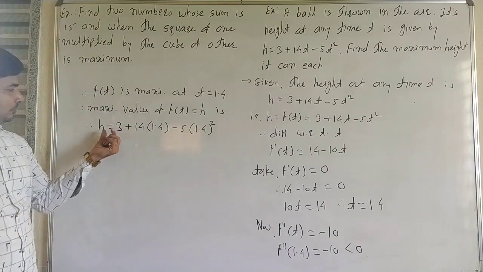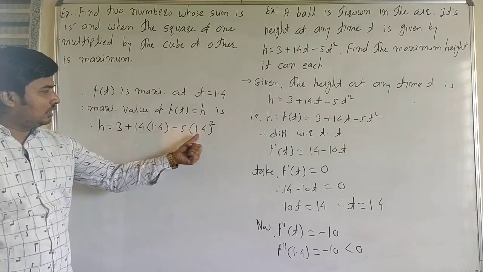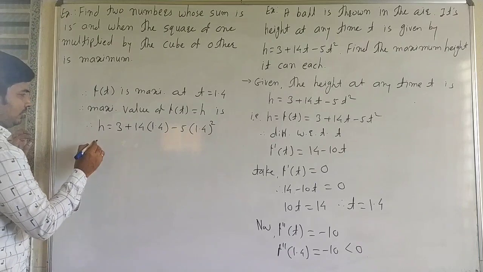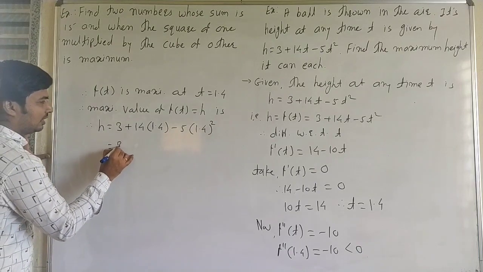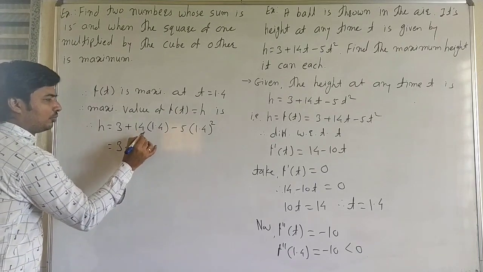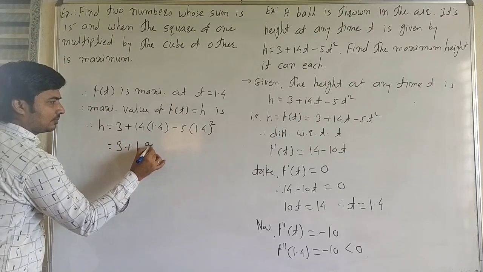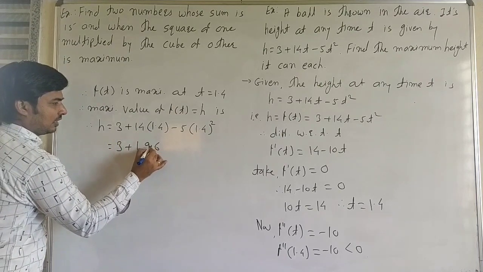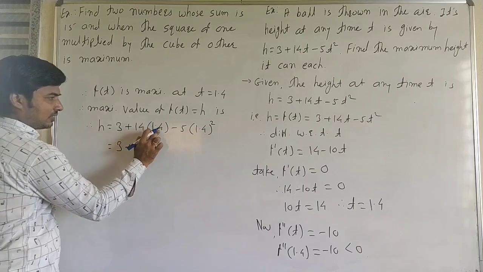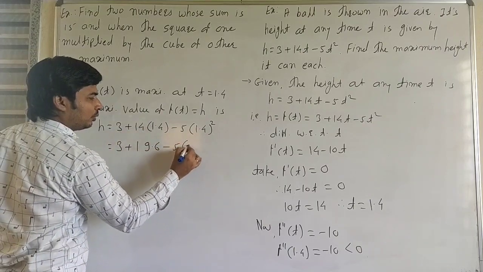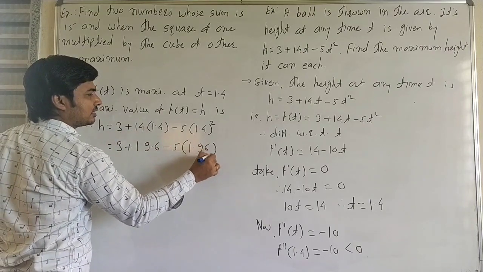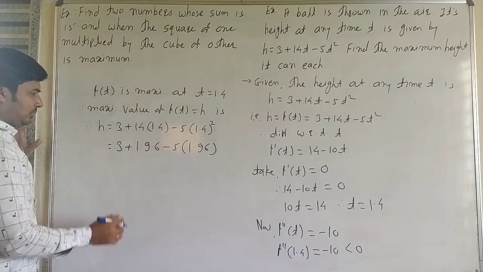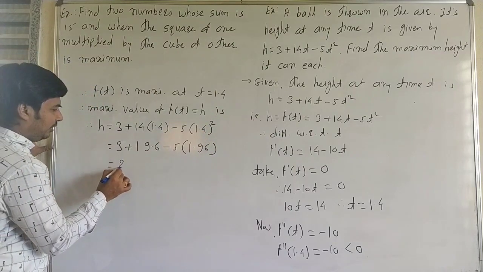It is the height. 14 into 1.4 is 19.6, minus 5 into 1.4 square, which is 1.96.